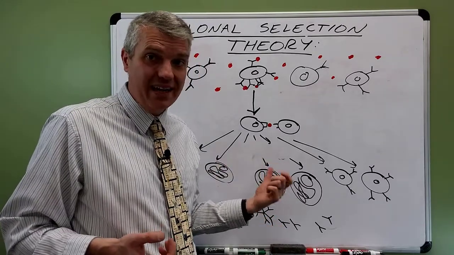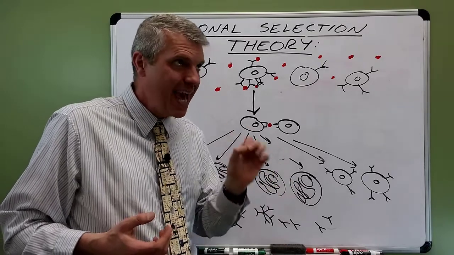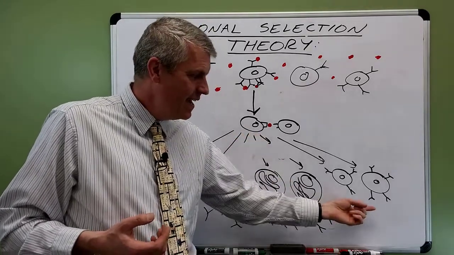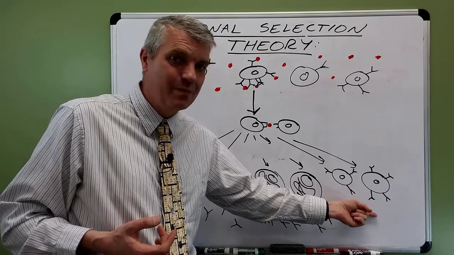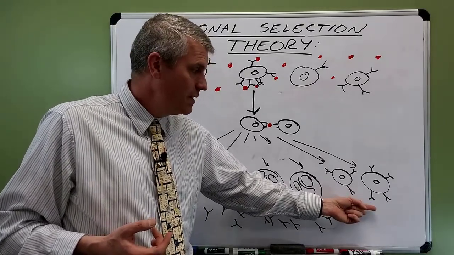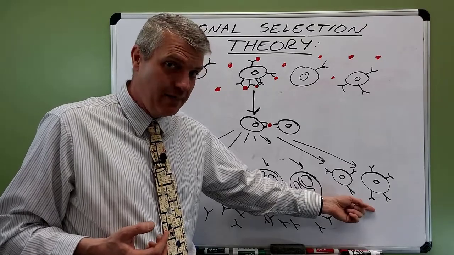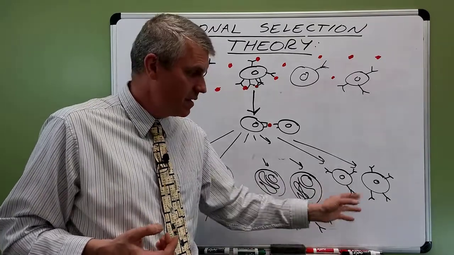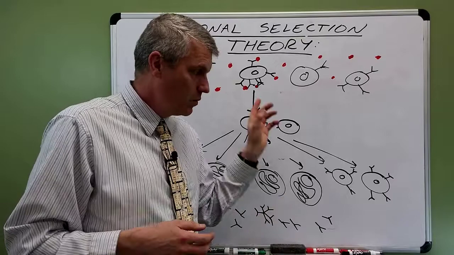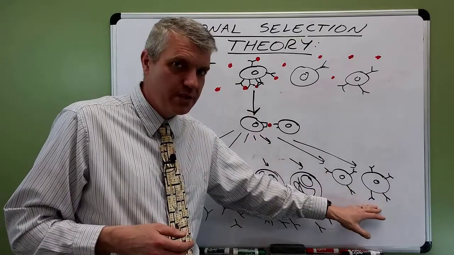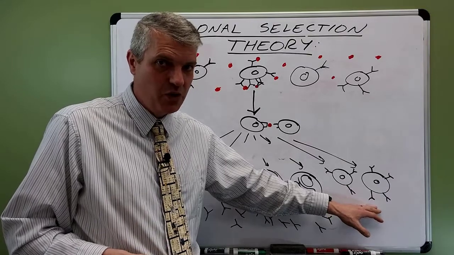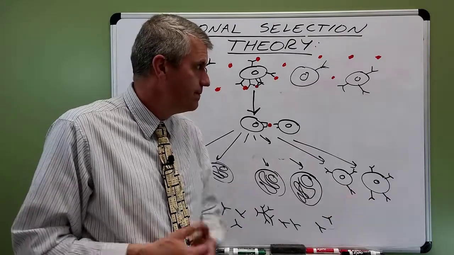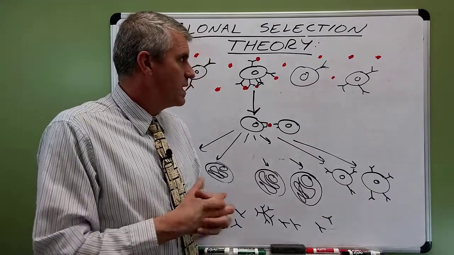This is why you cannot get infected again, and it's because you end up with these memory cells. You end up with immunological memory. So the alien might get into your body again, but immediately the immune system cells produced by the clonal selection theory, those memory cells, are going to ramp up and kill that alien before it even causes you an infection in most cases. And that's clonal selection theory.